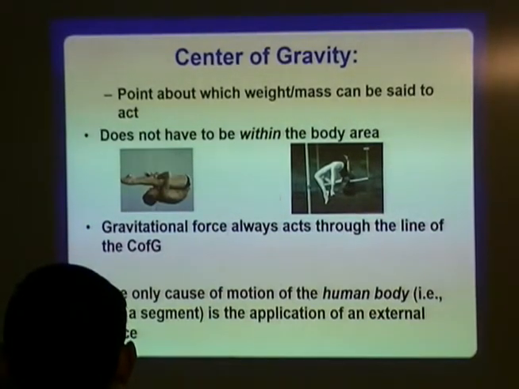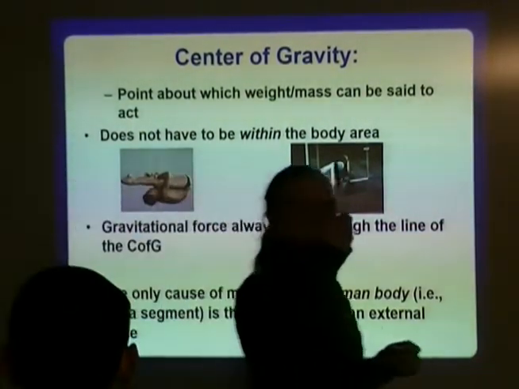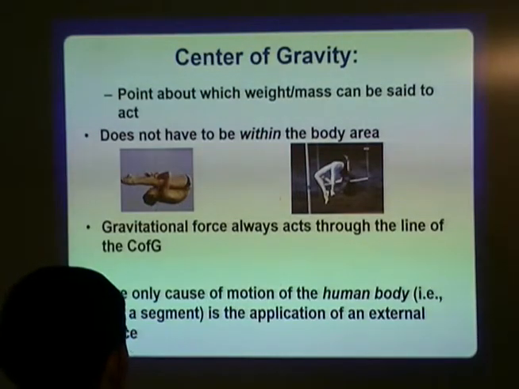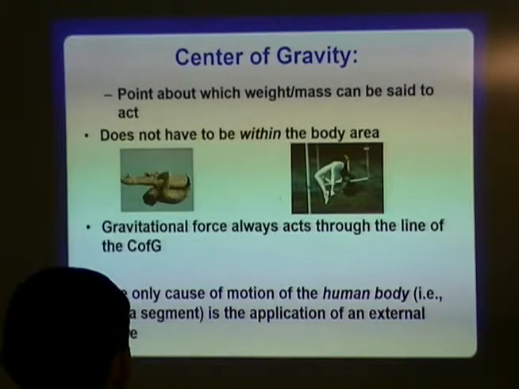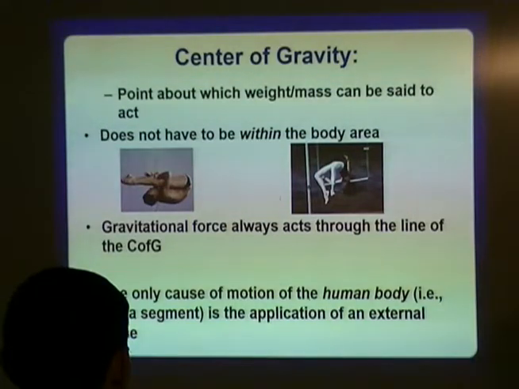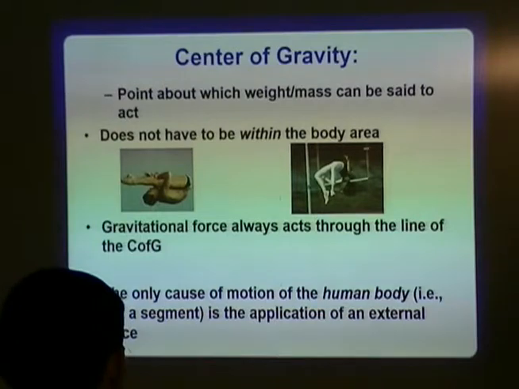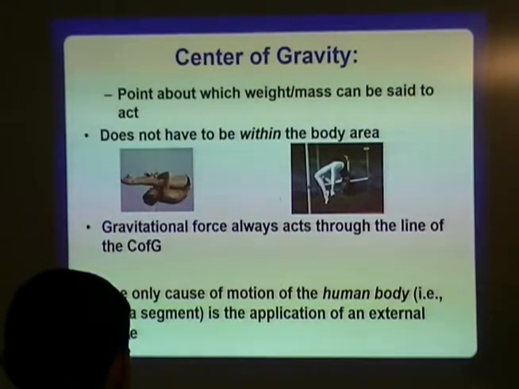Okay, so here's my body, and the center of mass is going to be somewhere around here. If I push through the center of gravity, what I see is linear motion. Whether I push horizontally or I push vertically, if that force passes through that center of gravity, motion is linear.